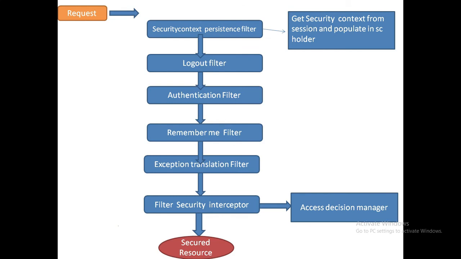If the user is super admin, then only this resource will be available. So it will delegate this request to the access decision manager, and the access decision manager will check if this user has the super admin role, then only it will grant access to the secured resource.